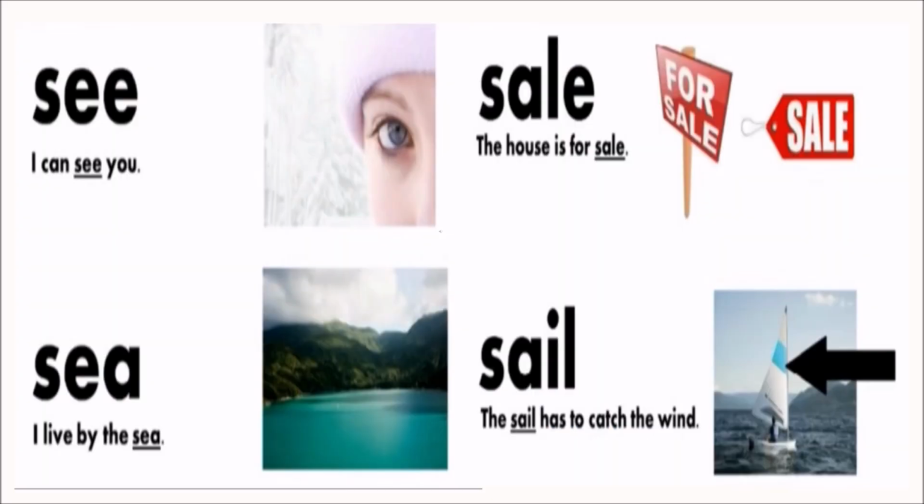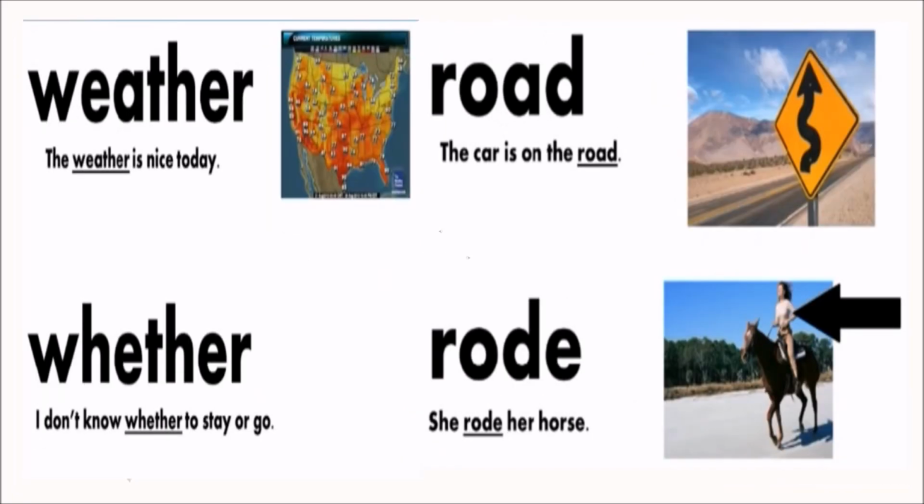Then we have see, sea. I can see you. I live by the sea. Next we have sail, sale. The house is for sale. The sail has to catch the wind. Next we have weather, whether. The weather is nice today.